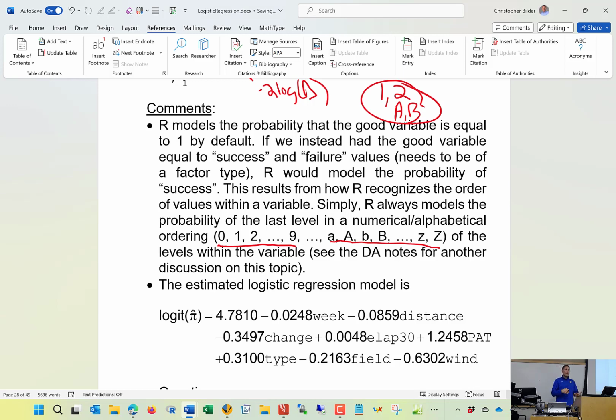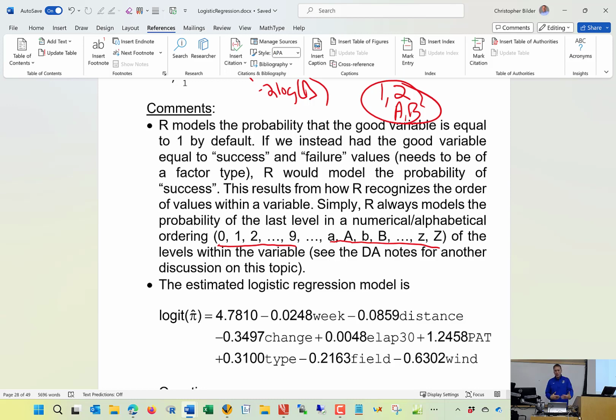Because especially for some of you, for your projects, you might not automatically have a 0 and a 1 for the two levels of your dependent variable. And you need to understand what GLM is actually doing. It all comes down to the second level corresponding to what R is trying to use for your pi, in terms of the probability.